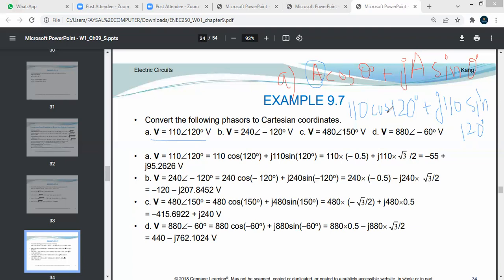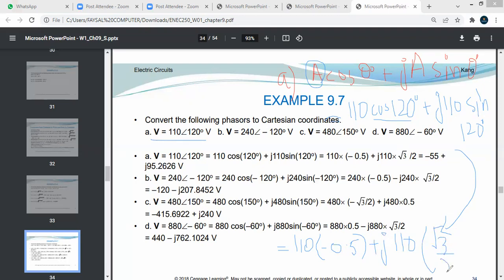Now calculating the value of cos 120. Cos 120 equals minus 0.5, so it will be 110 times minus 0.5, plus j 110 into sin 120. The sin 120 value equals root 3 upon 2.